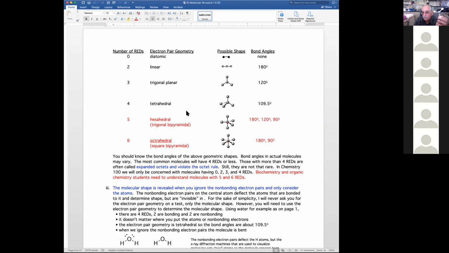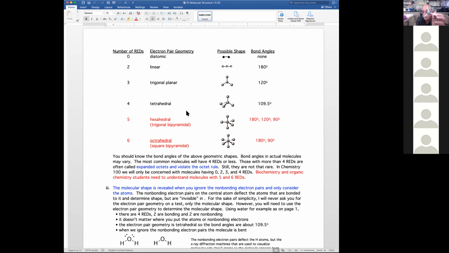Okay. Did that answer your question? Well, on the paper it says 0 for diatomic, for the number of regions of electron density. Yeah, but there is no central atom. Right. A region of electron density is around a central atom, but there is no central atom.